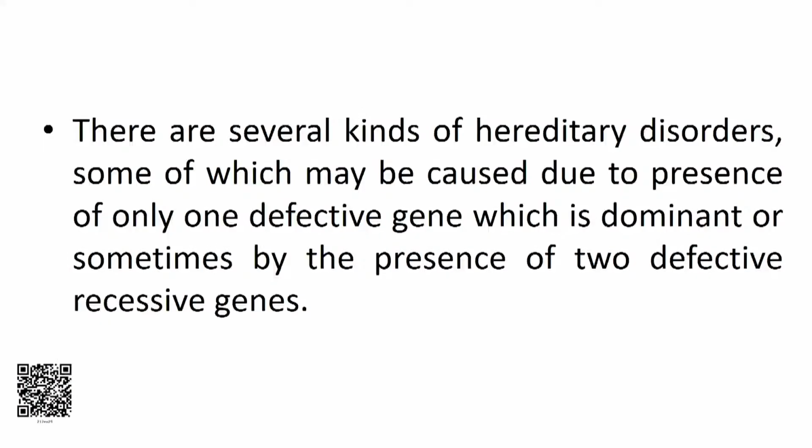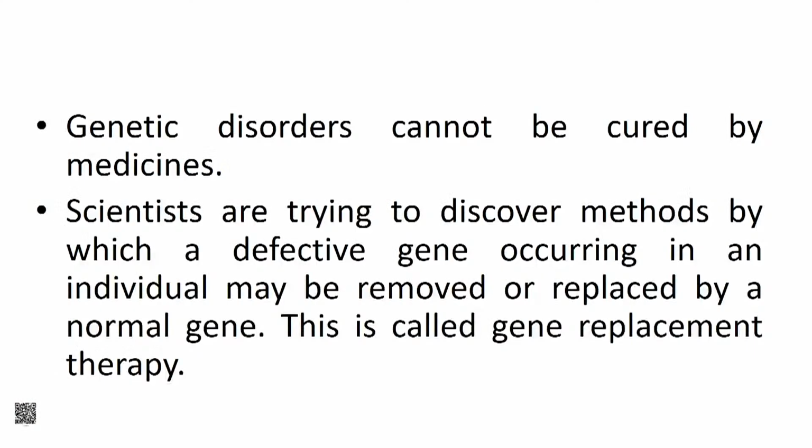There are several kinds of hereditary disorders, some caused by the presence of only one defective gene which is dominant, or sometimes by the presence of two defective recessive genes. Genetic disorders cannot be cured by medicines. Scientists are trying to discover methods by which a defective gene occurring in an individual may be removed or replaced by a normal gene. This is called gene replacement therapy.